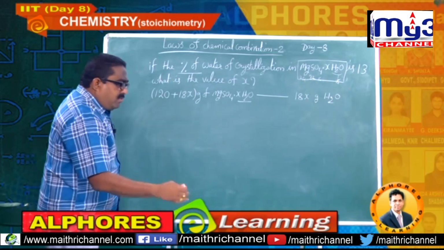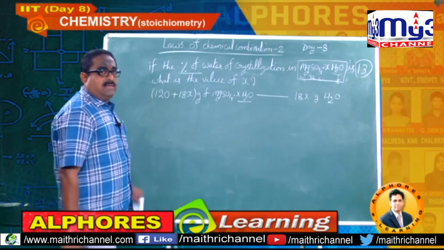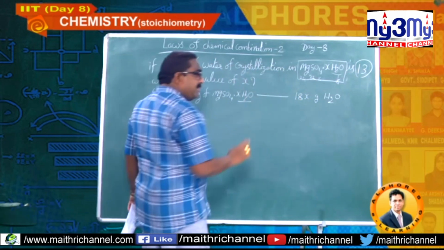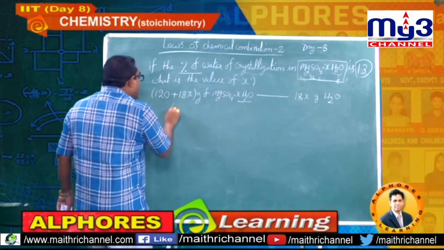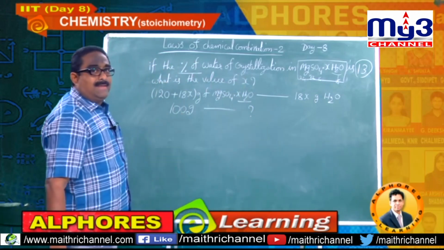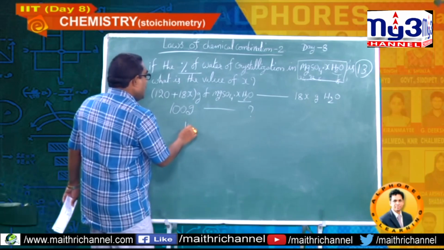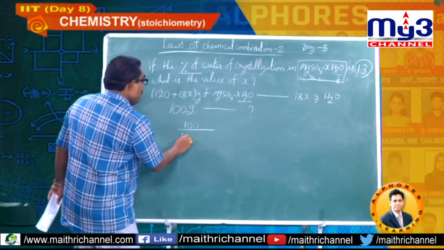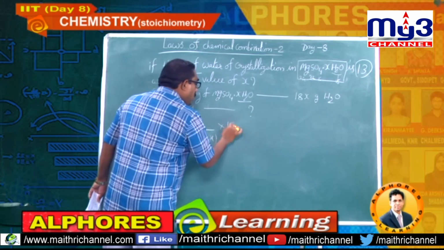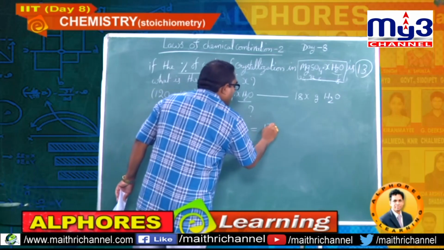How to calculate percent? You have to take 100 grams of compound, then you will get that percentage. Here I am writing: 100 divided by 120 plus 18x into 18x. That value is nothing but he has given exactly as 13.